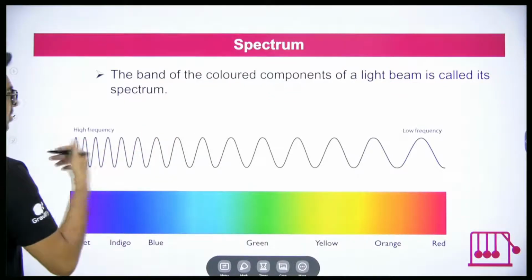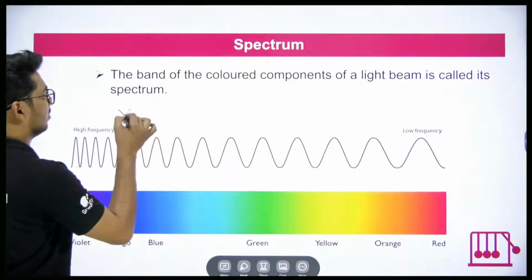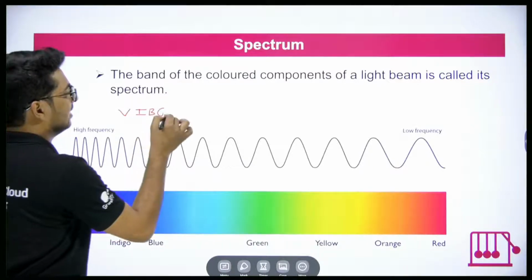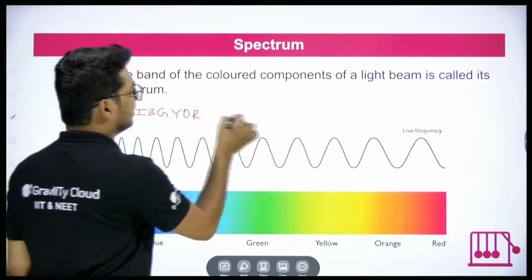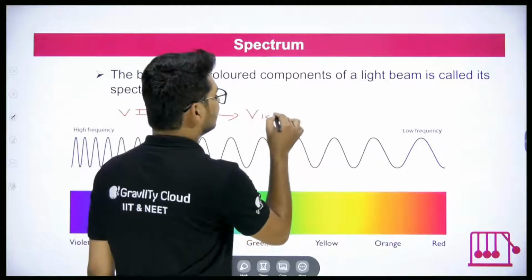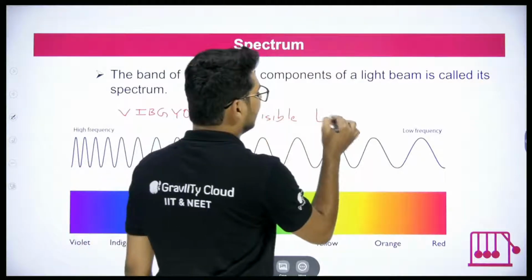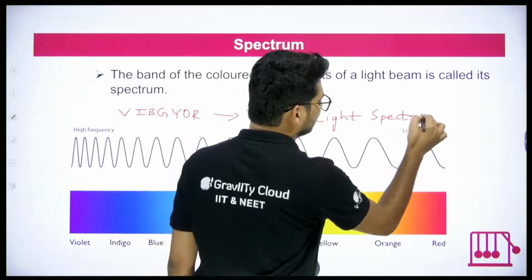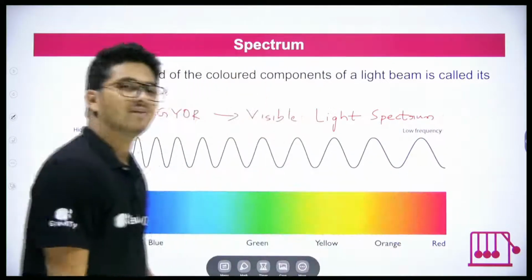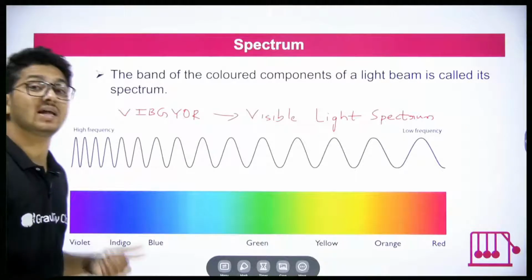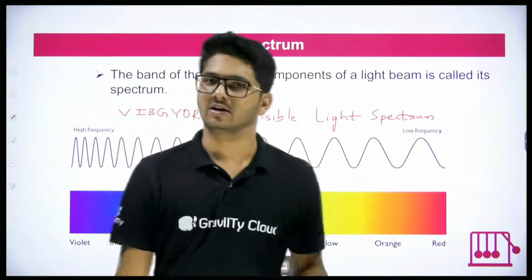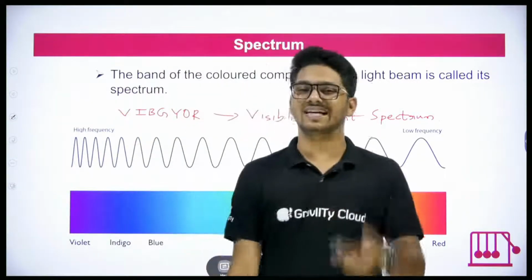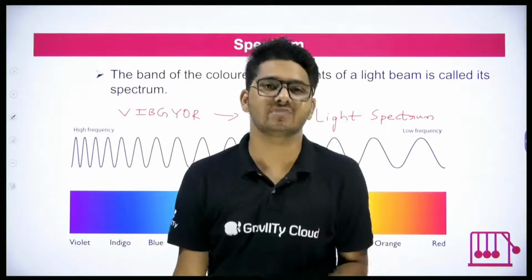Which spectrum are we talking about? We are talking about VIBGYOR, and it is called the visible light spectrum, because these are the colors of light which we can identify. When I say colors of light, these are the wavelengths of light, right? As we discussed, light is a wave. Every wave has a wavelength.